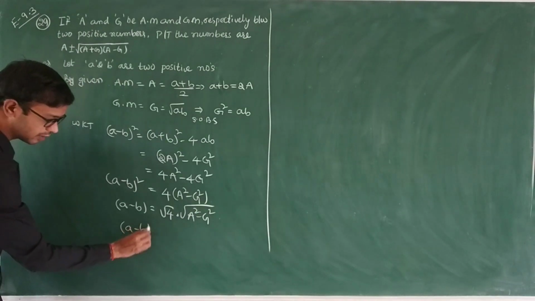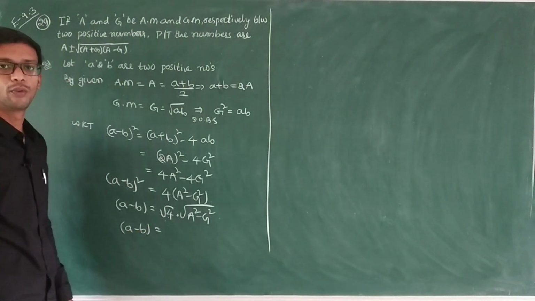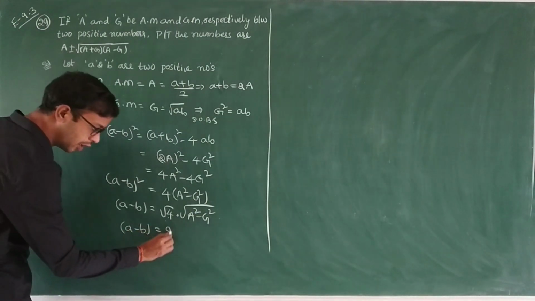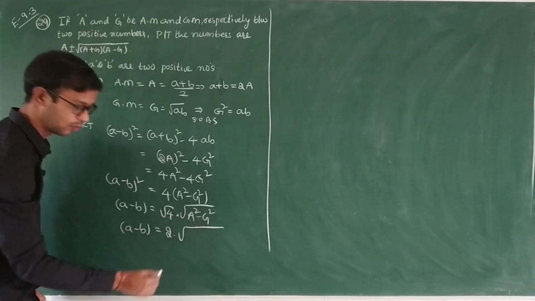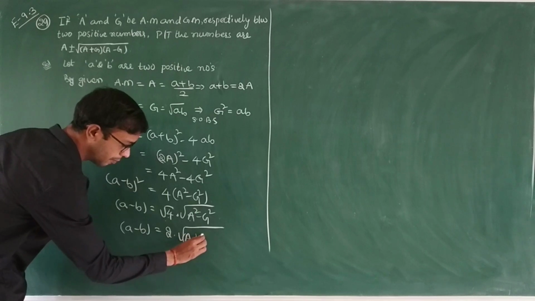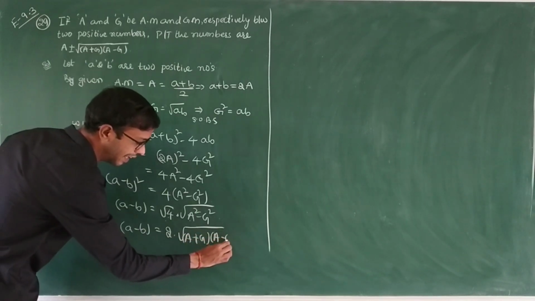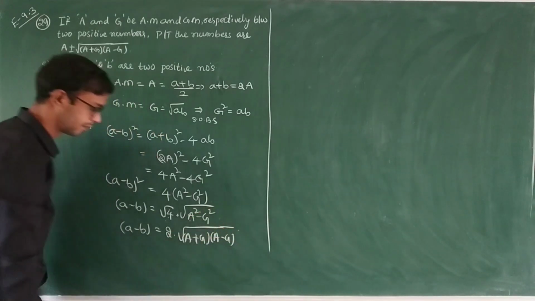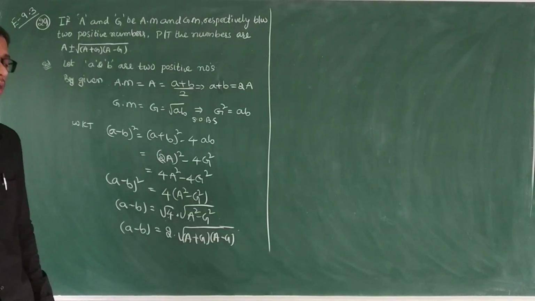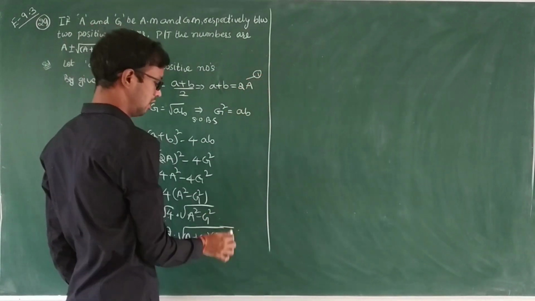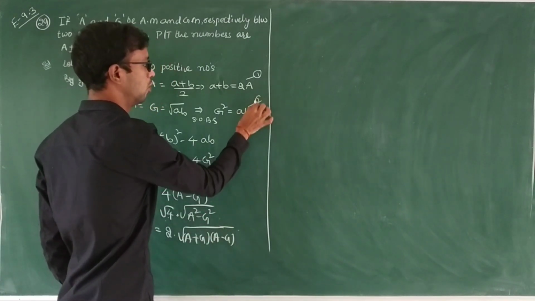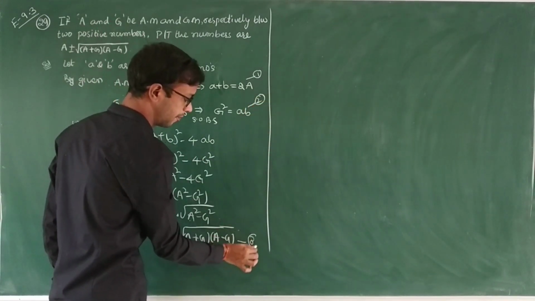So a minus b is equal to root 4. Root 4 value is 2 square root of A square minus G square, using the formula A plus G into A minus G. Take this one as equation 1, this one as equation 2, this one as equation 3.